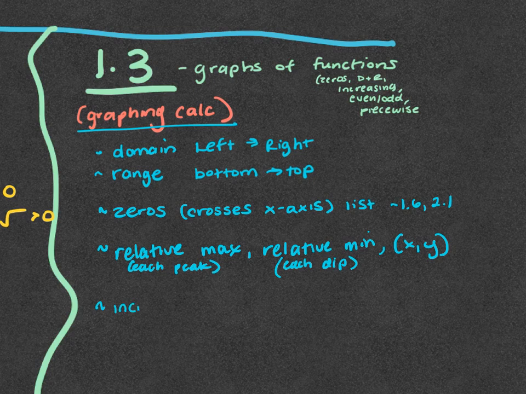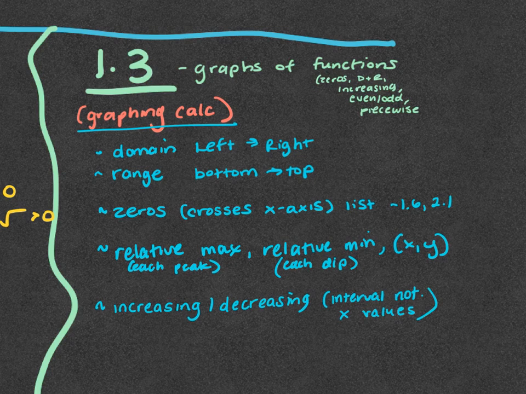Then you had increasing, decreasing behavior. Okay, and this is also in interval notation, and just the x values, because we go from left to right. So every time it's rising as I move from left to right, that part of my graph is increasing. If it's decreasing, then obviously it's falling as I move from left to right.